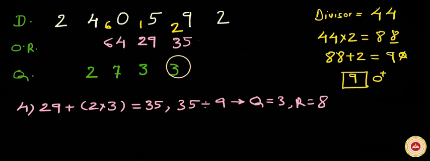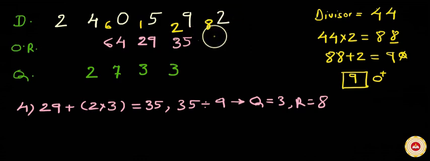So write quotient 3, the fourth quotient, here below 35, below the third osculation number, and write remainder 8 as a prefix to the next digit, the last digit, which is 2.